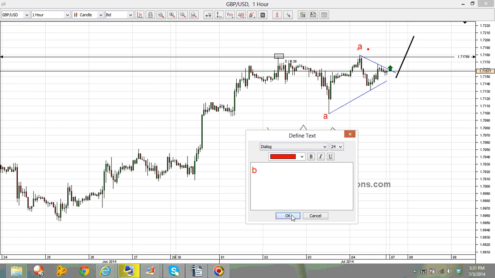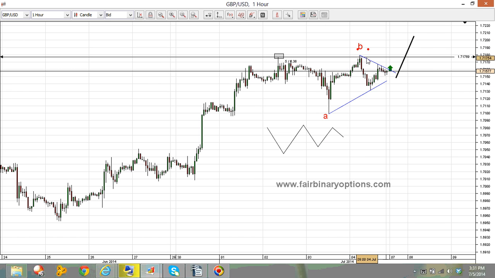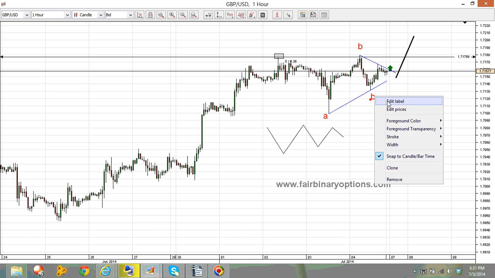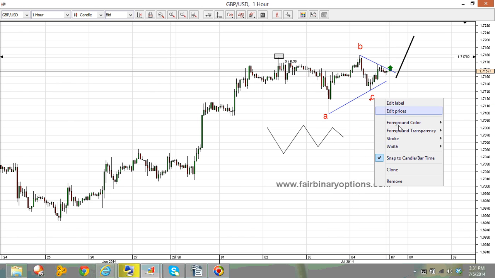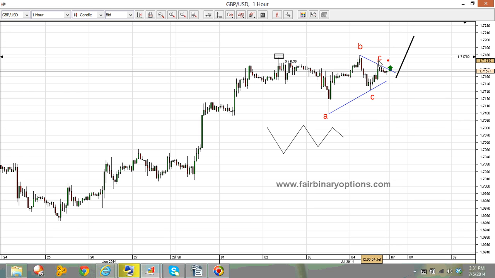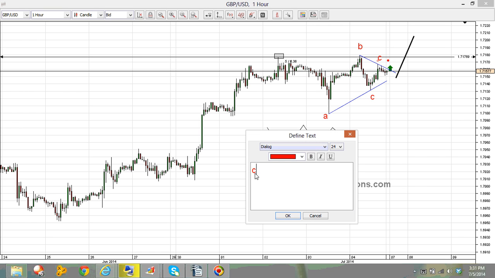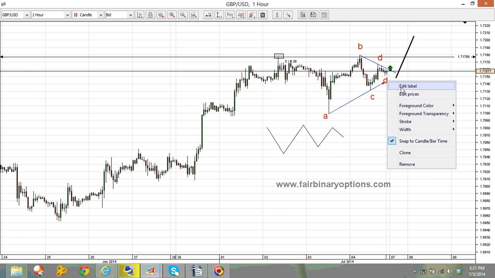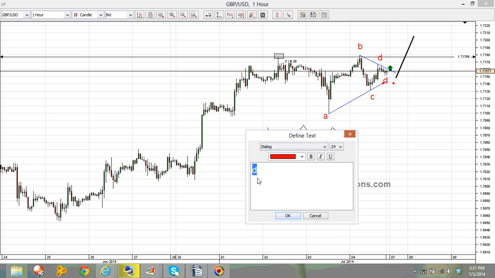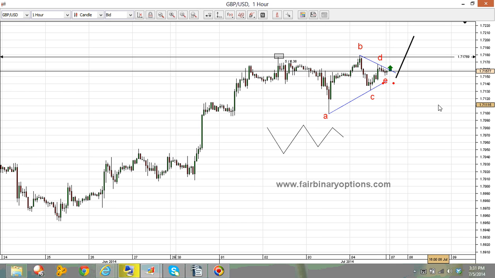And then the B wave, and then the C wave, A, B, C, D, and all eyes now on whether the E wave here is done. A, B, C, D, E, and then pop higher.